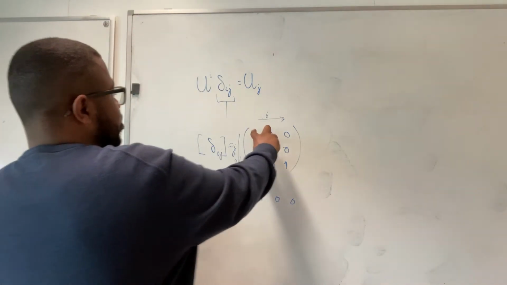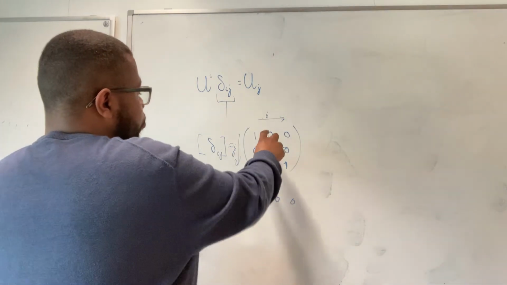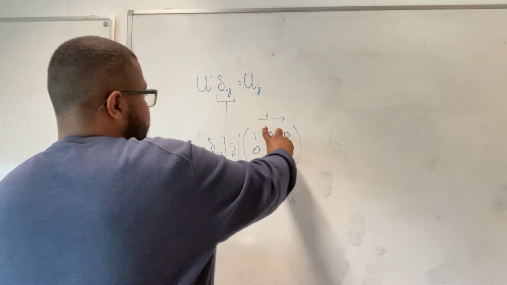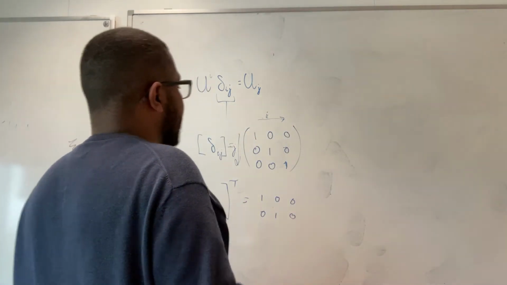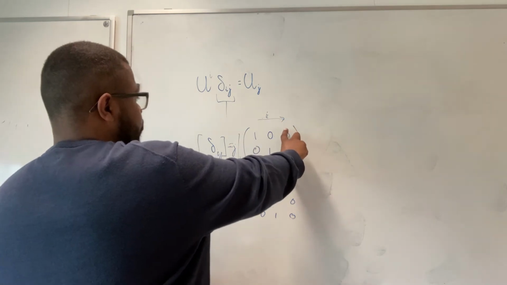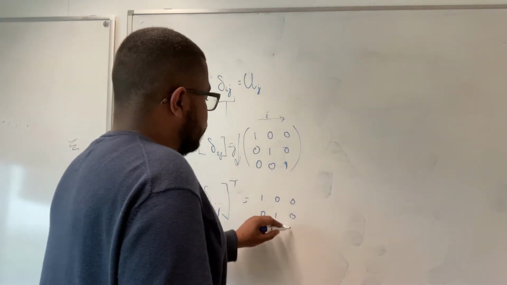So this column right here, you can imagine that we flipped, rotated that. Now column 2 will be row 2, so if we flip this, it will be 0, 1, 0. And column 3 will be row 3, so if we flip it, it would be 0, 0, 1.